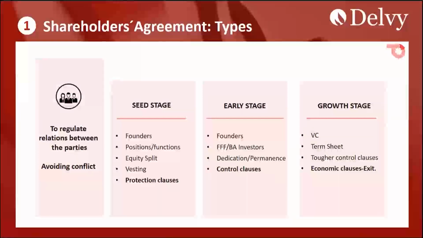But in the growth stage, we'll have some terms that are customary in this type of processes, that the VCs will want to put on the table, and we will negotiate around these economic and exit clauses. This is a very broad overview. We're going to go deep into each of these points that we've just discussed right now.